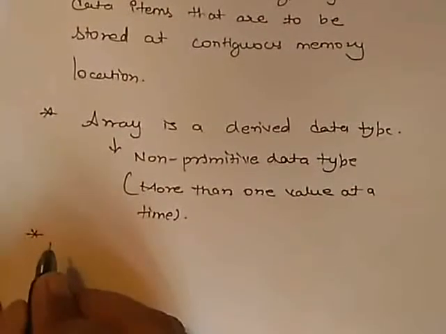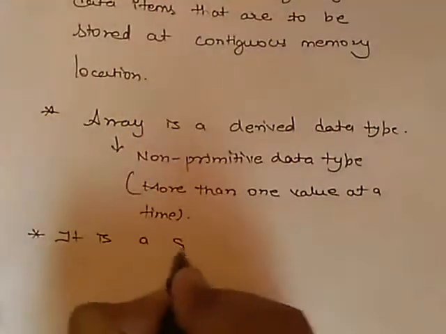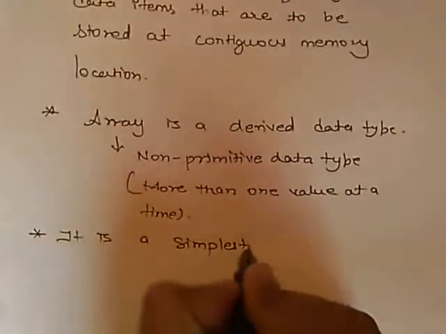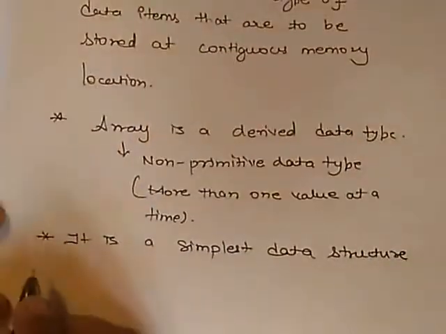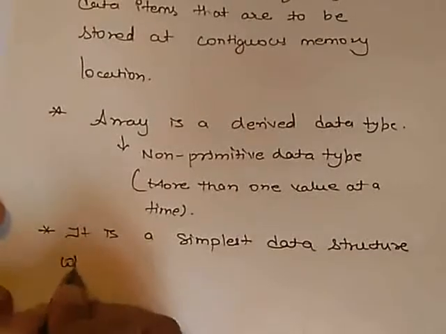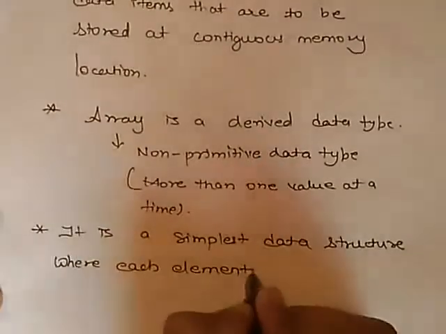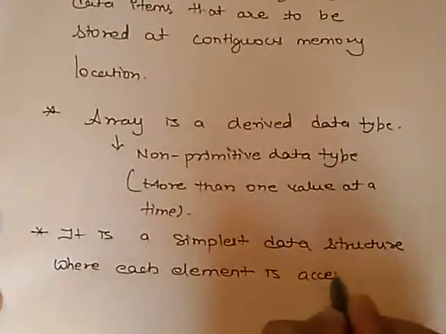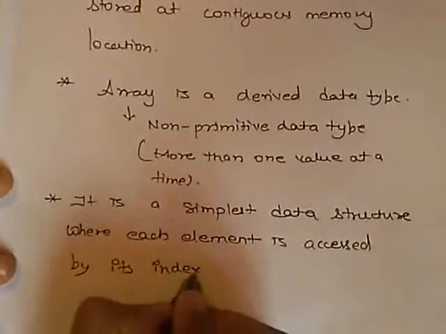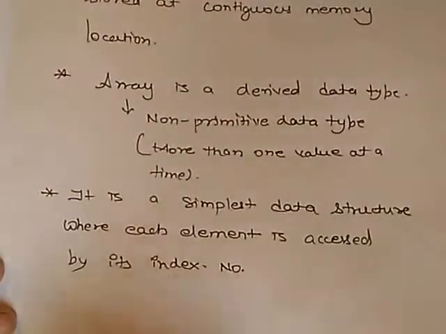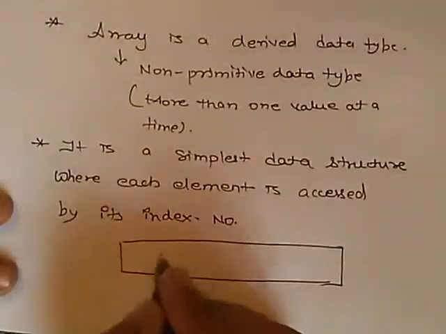Now we can say that it is the simplest data structure where each element is accessed by its index number. So array is defined like that.